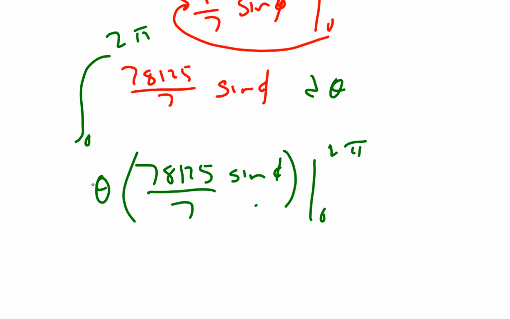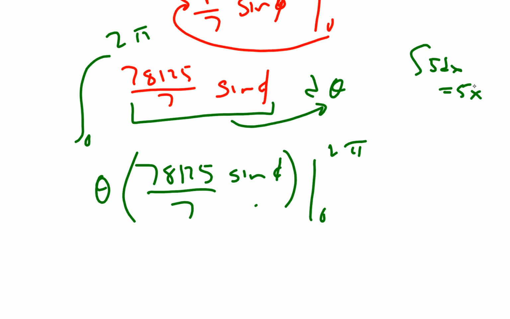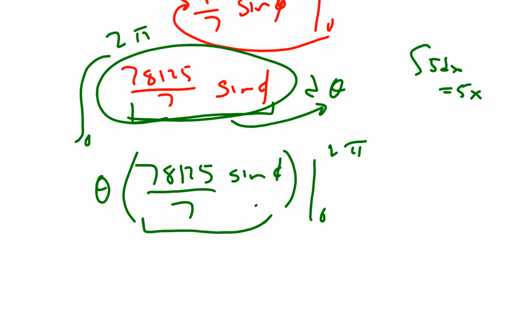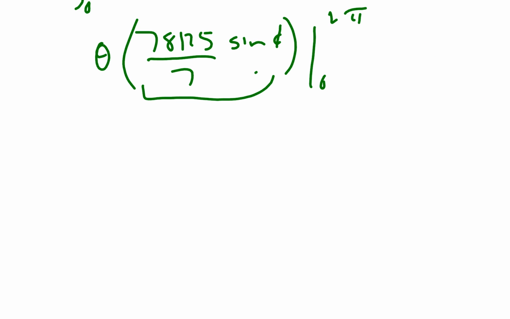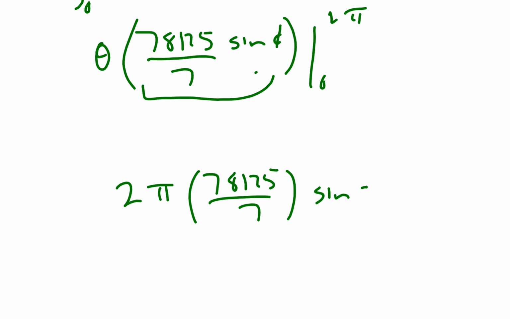That's my mistake there, because the antiderivative of this thing is really just a constant with respect to the variable theta. So it's like taking the antiderivative of 5. If someone says, what's the antiderivative of 5 dx? Well, then you just say 5x. It's the same thing here. The antiderivative of some number times d theta is just that number times theta. So if we plug 2 pi in for theta, it just becomes 2 pi. 0 would crush the term, so you end up with just 2 pi times 78,125 over 7 times the sine of phi.